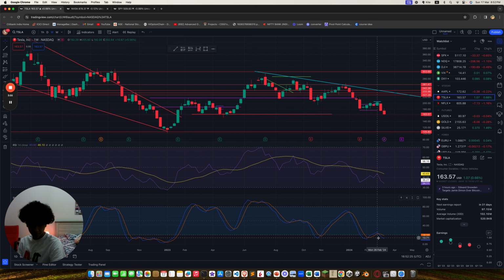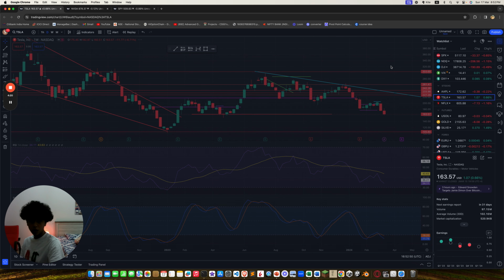Since we had the crossing on this candle, we can see that this was a good sell signal here, and we did obey that. This was mentioned in the last video. And the stochastic has continued to go downward, of course, along with the average. So we do have some good sell signals from there. We can see that we had quite a few sell signals, and this smoothing definitely works very well with Tesla. So from the weekly charts, we have a strong indication that the market should continue to go downwards.